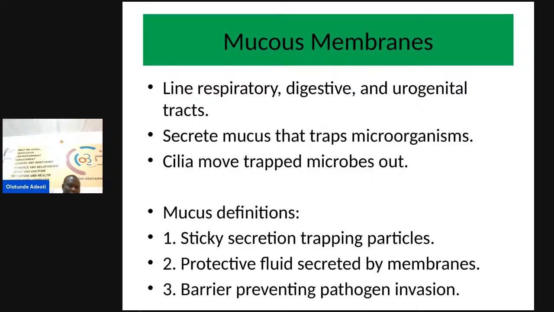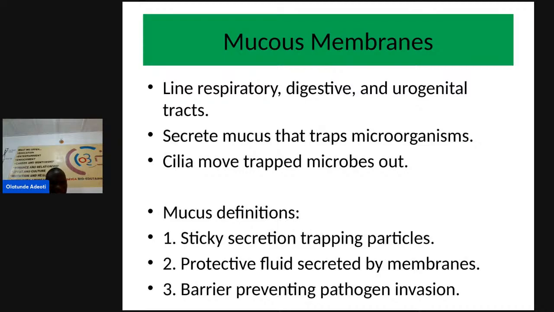They are present there to secrete mucus that will trap certain microorganisms. And that's why the surface of this mucous membrane is hairy, is cilia-like, in order for it to be so potent to remove and trap microorganisms.